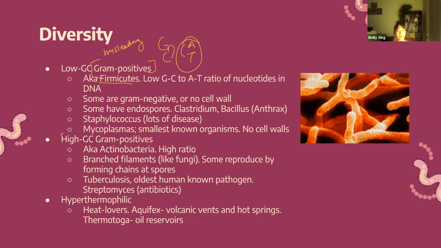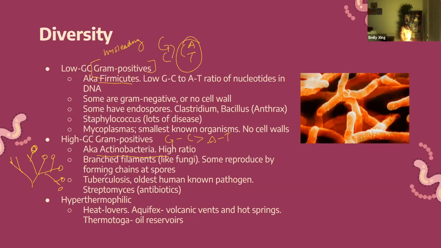So the contrasting group is high GC, with a high GC to AT ratio, also known as Actinobacteria. Some of them have branched filaments, just like fungi. If you recall, fungi have something called hyphae, which are like plant roots. Fungi reproduce by having spores at the tips, which form into new ones, and some of these Actinobacteria are like that.